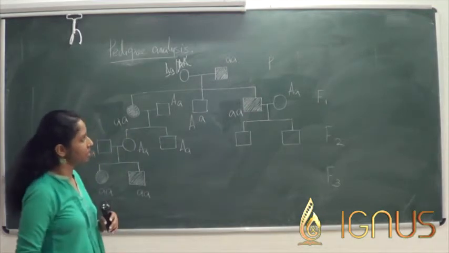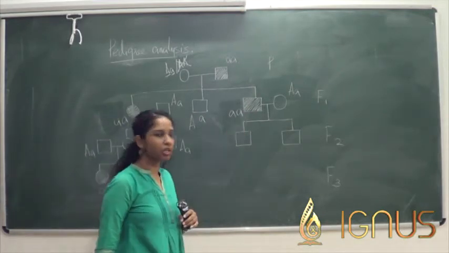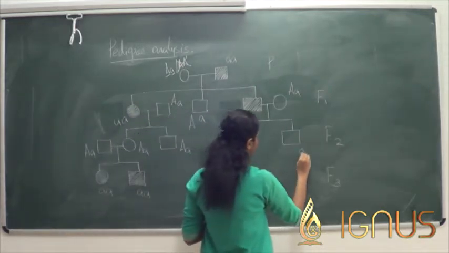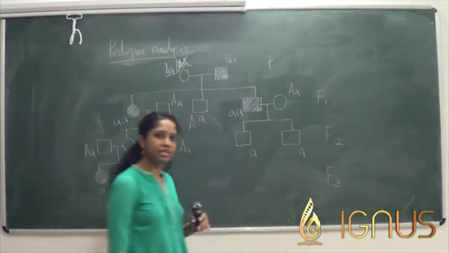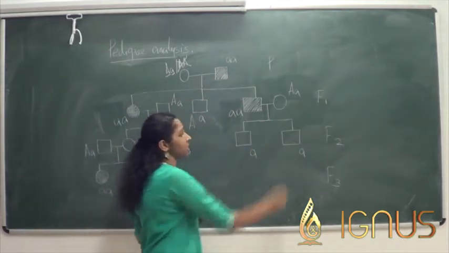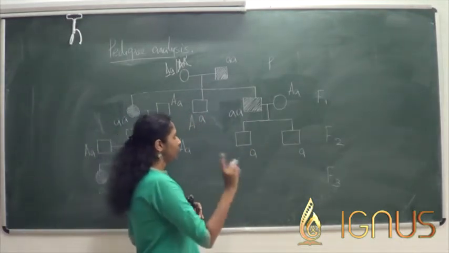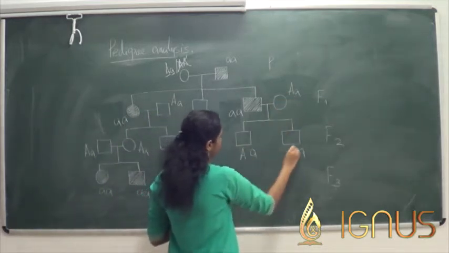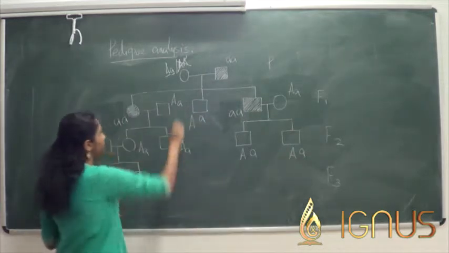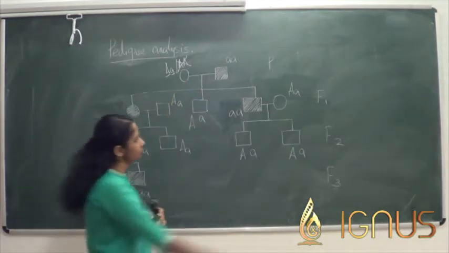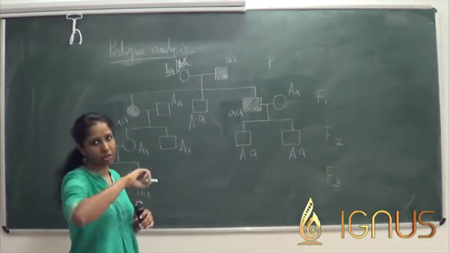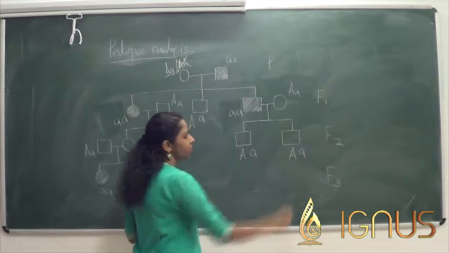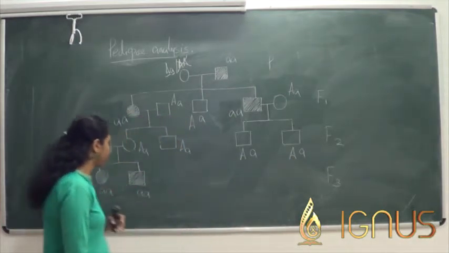Now how does the inheritance pattern go in this case? Because this male is affected, the only allele that you are going to get is a recessive one, but because these two males are not affected, the only allele that can come would be the dominant one. So like the example of the mother that I gave here, this female cannot be double dominant. She needs to be heterozygous because she is providing the dominant allele for both of the sons.